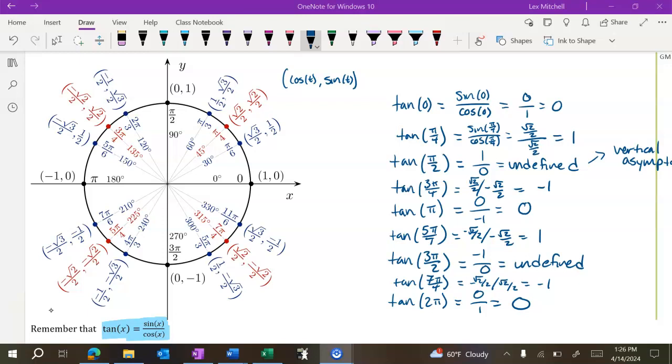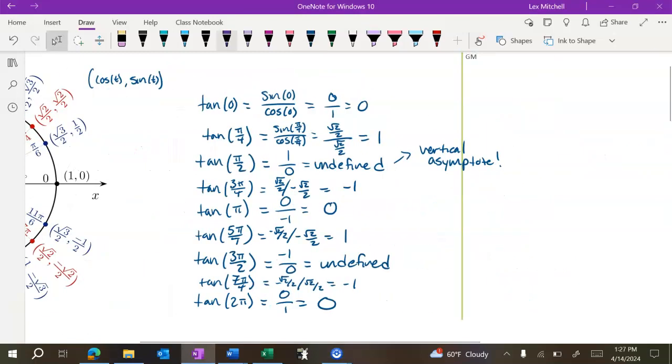And as you start to look at this pattern, 0, 1, undefined, -1, 0, 1, undefined, -1, I think you're starting to see that that same pattern is repeating. From 0 to pi to 2 pi, you see the pattern twice. And that is on purpose, because the period of tangent is actually only pi.